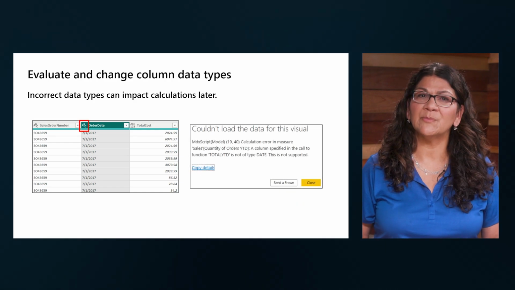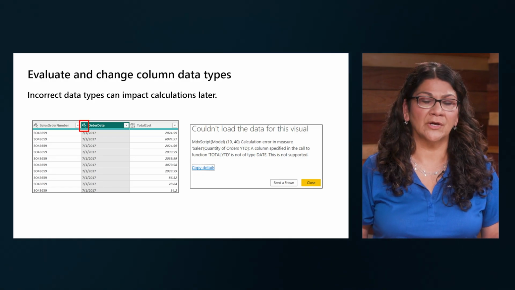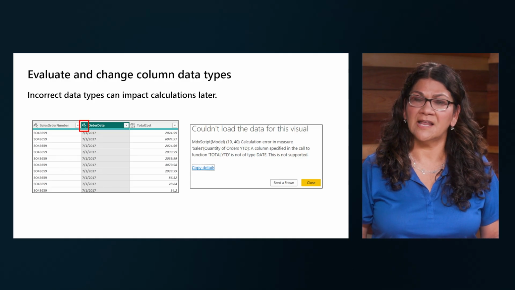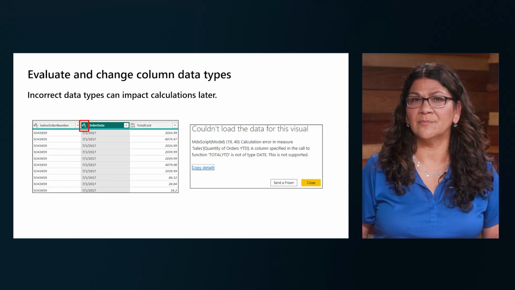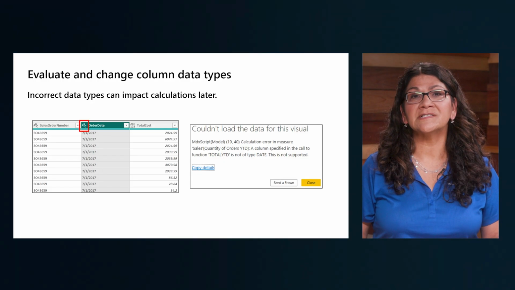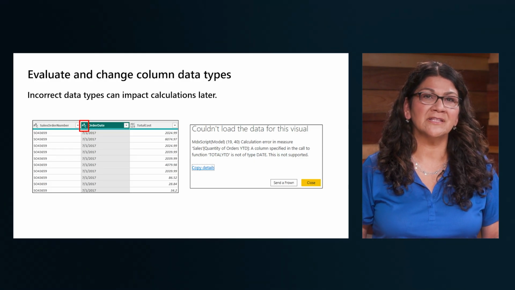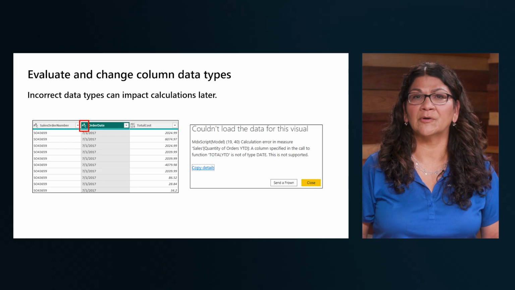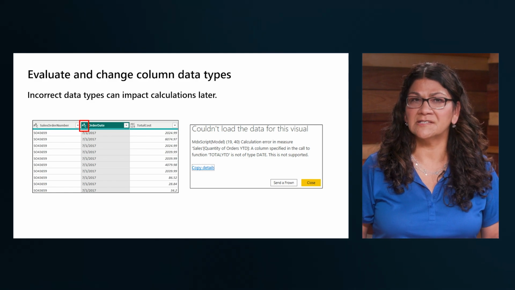When you import a table from any data source, Power BI Desktop automatically starts scanning the first 1,000 rows, which is a default setting, and tries to detect the type of data in the column. Sometimes it may not detect the correct data type, which could result in performance issues. A best practice is to evaluate the column data types in Power Query Editor before you load the data into the Power BI Desktop model, and change it if necessary.